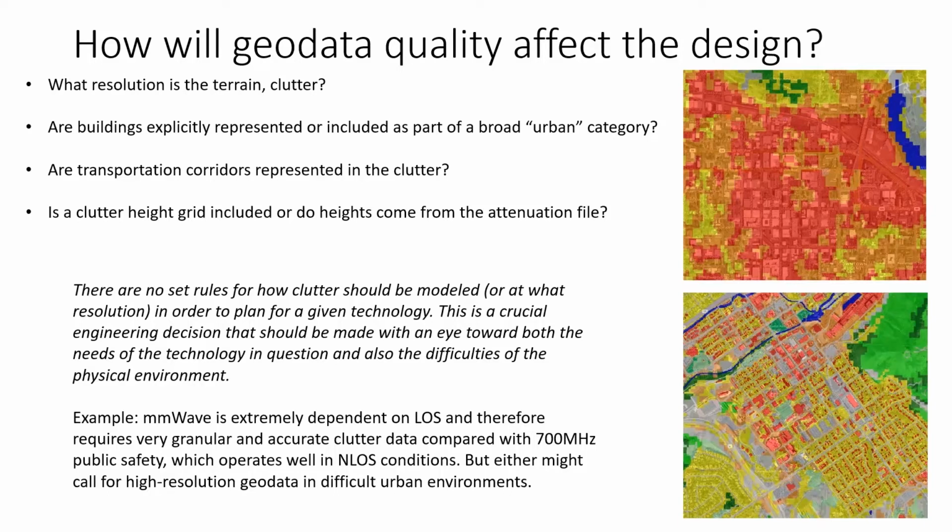Whereas if we were designing a public safety system down at a lower frequency band, whether you've exactly got line of sight to a specific location probably won't matter as much, because if there are some grazing obstructions, it'll have a minor impact on the received signal level, but it won't necessarily stop the connection altogether.